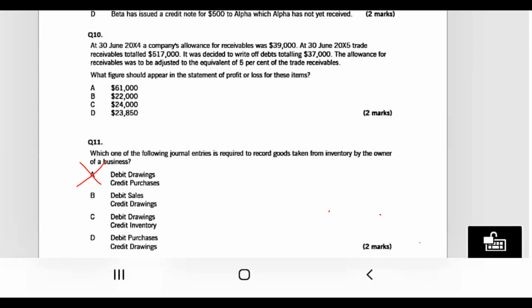What about others? Are we all buying the same? Drawings are debited, then inventories are credited. Okay, inventories are credited. Interesting. Any other submission?